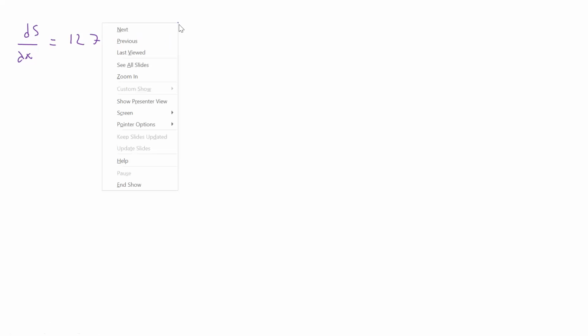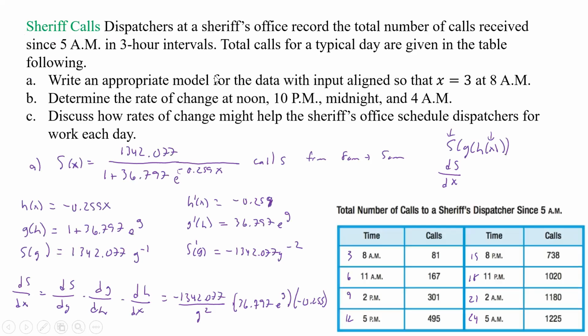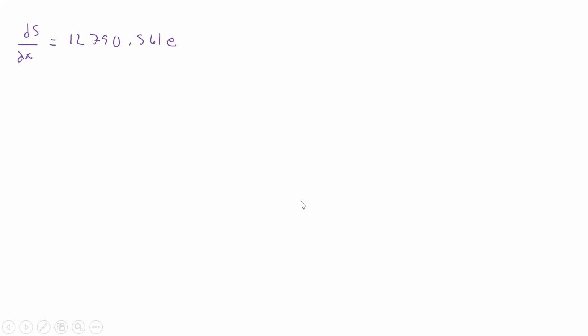Now we're on this. Wait a minute, do I have all the things labeled here? That's e to the g. Okay, so I've taken that number, so it's e to the negative 0.259 x. And we put it on a denominator already, so we'll put it in the denominator.